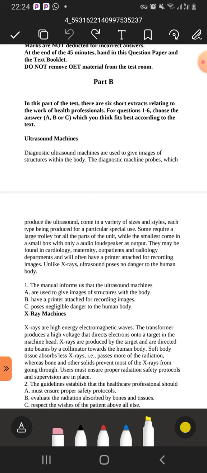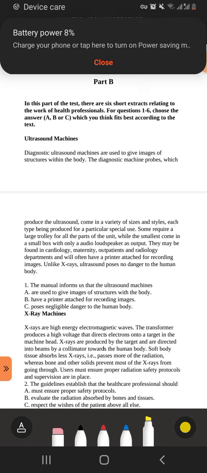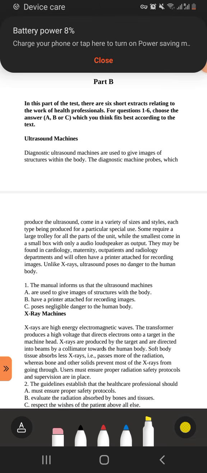So now we've been able to summarize the 5 sentences under this extract. So then when you now come to the question: the manual informs us that the ultrasound machines are used to give images of structures within the body. What you need to do is that all the options you are given here will be used in the extract.